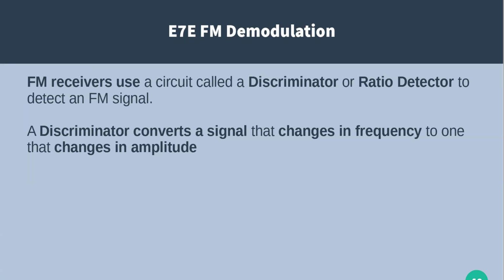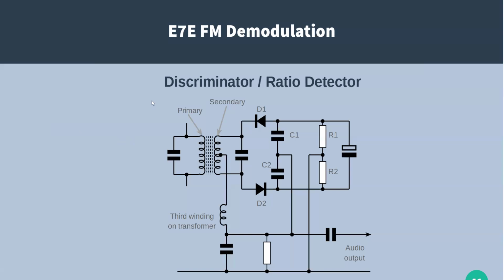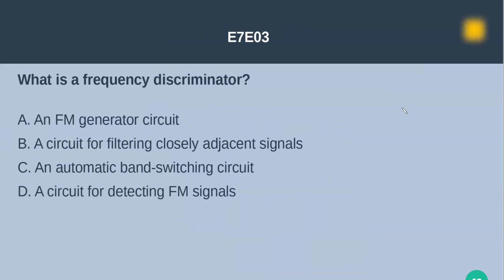It detects the change in frequency or phase and changes that to a varying amplitude. There's a typical circuit, and I think the way it works is as the frequency changes, and somebody that knows, tell me if I'm right.